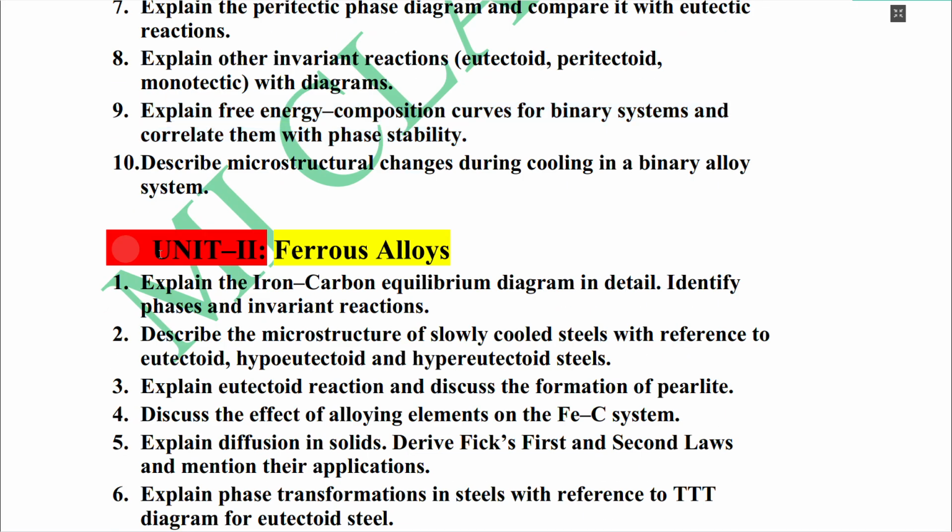Let's start unit number two, which is ferrous alloys. In unit two, the first question is: explain the iron-carbon equilibrium diagram in detail, identify phases and invariant reactions.